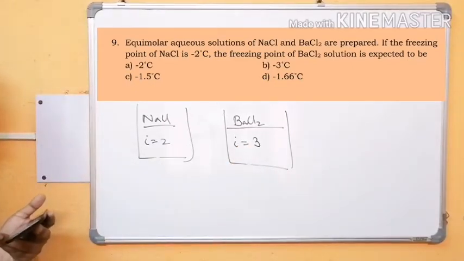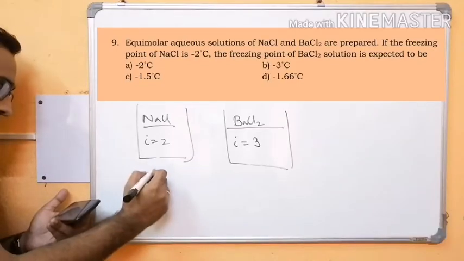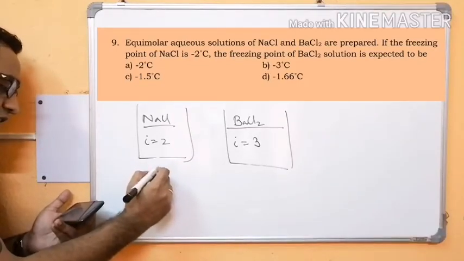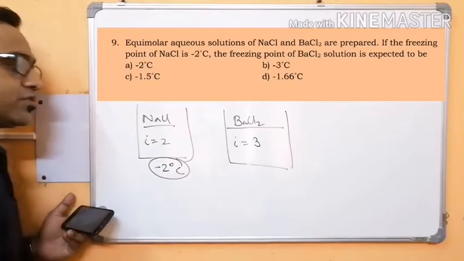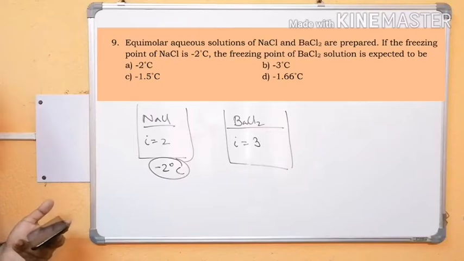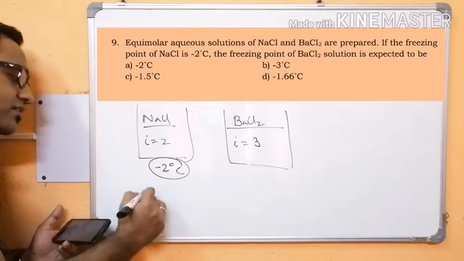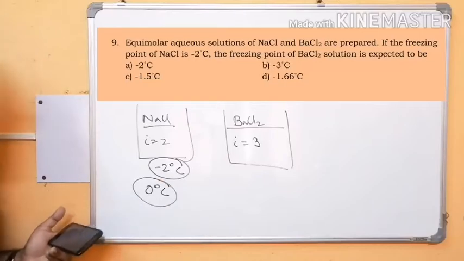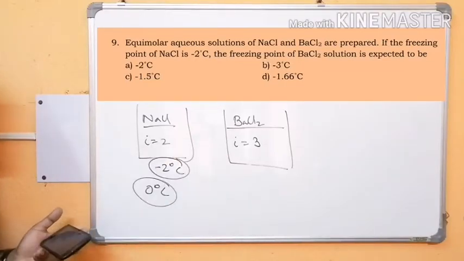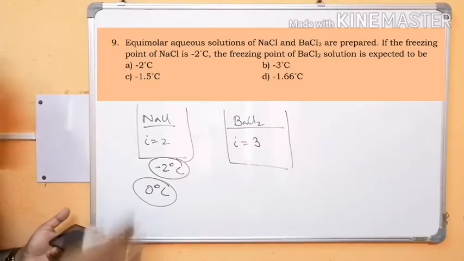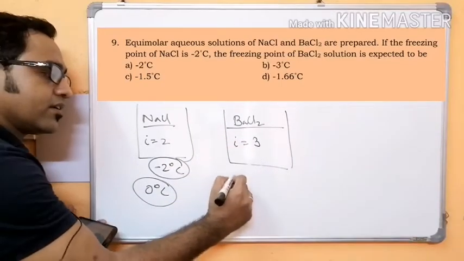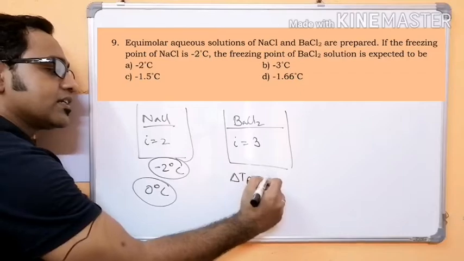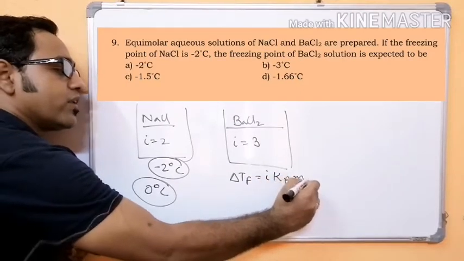Now for this solution, the freezing point of the solution is -2 degrees Celsius. So what is the freezing point of this solution? Now the freezing point of water is 0 degrees Celsius, and both solutions are prepared in aqueous medium. Now for this one or this one you can write delta TF is equal to i into KF into m.